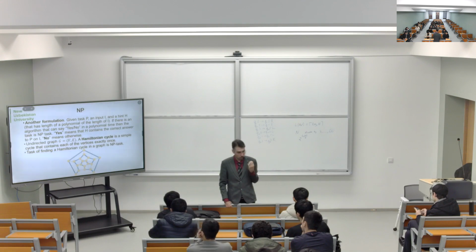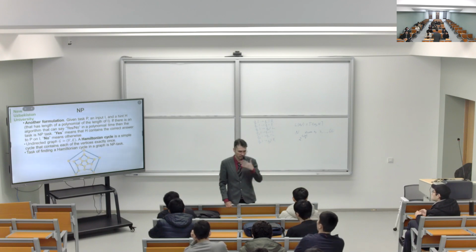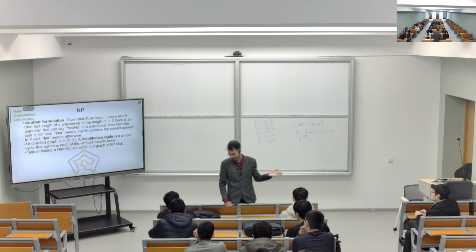Okay. So what can we tell? All polynomial tasks must be non-deterministic polynomial, because you just don't give the hint and solve the problem. And you can say yes or no without a hint.